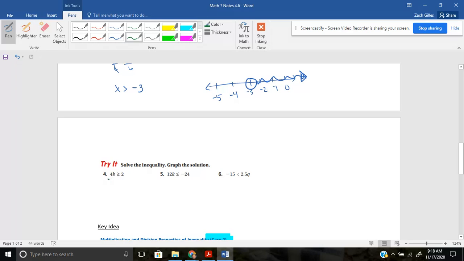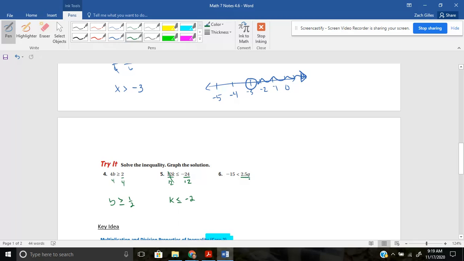All right, in number 4, you divide by 4 on both sides, so you'd have b is greater than or equal to a half. For number 5, we're dividing by positive 12, so again, our inequality stays the same. So k is less than or equal to -2.